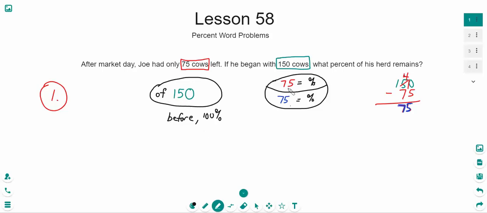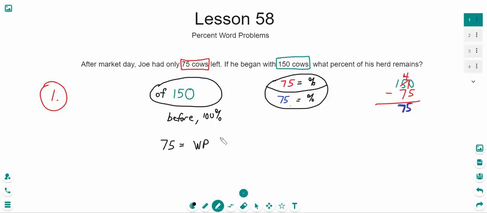So we have what number is equal to what percent of 150. And maybe I'll just write that. We know the number. What number, 75, is equal to what percent? Maybe I'll just do the WP to represent this percent right here.